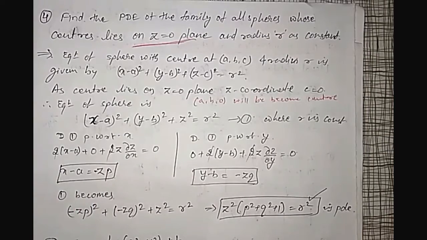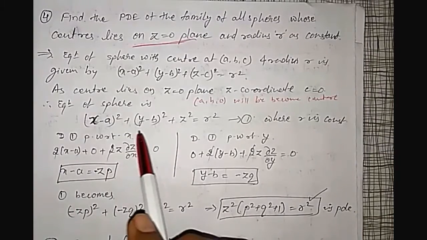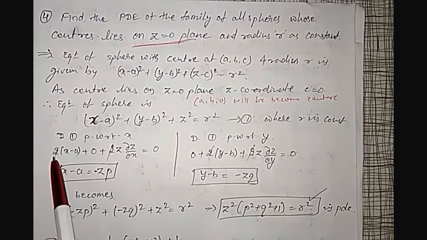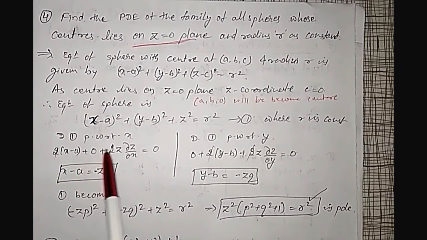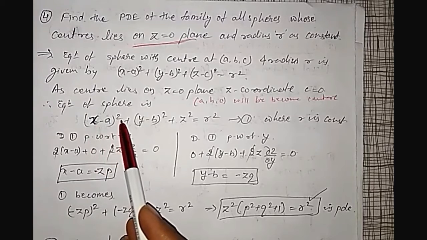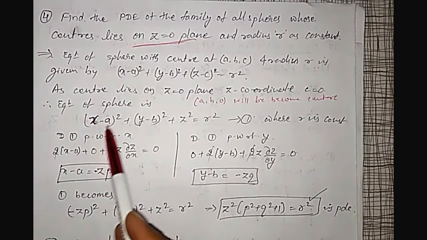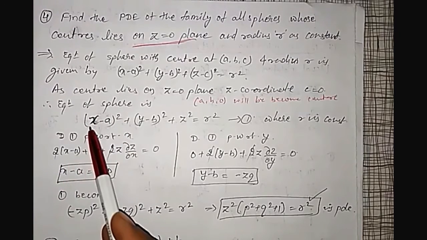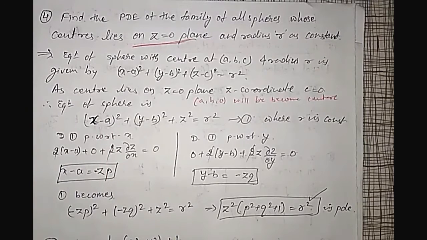But to form the partial differential equation for this equation of sphere, let us differentiate partially with respect to x and y respectively. If we differentiate partially with respect to x, here x minus a the whole square, by using chain rule, 2 times x minus a into differentiation of x minus a, which is 1.